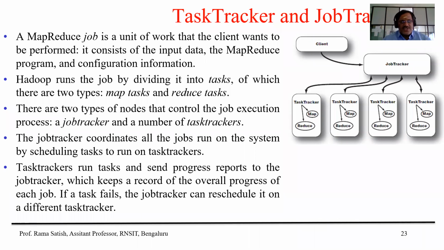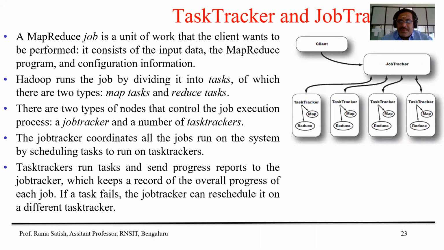Once the configuration is done, of course, every 5 seconds, what happens? The task trackers will send the overall progress reports. And these progress reports will tell that the progress is happening, the task is happening, and there is no problem with the task tracker.